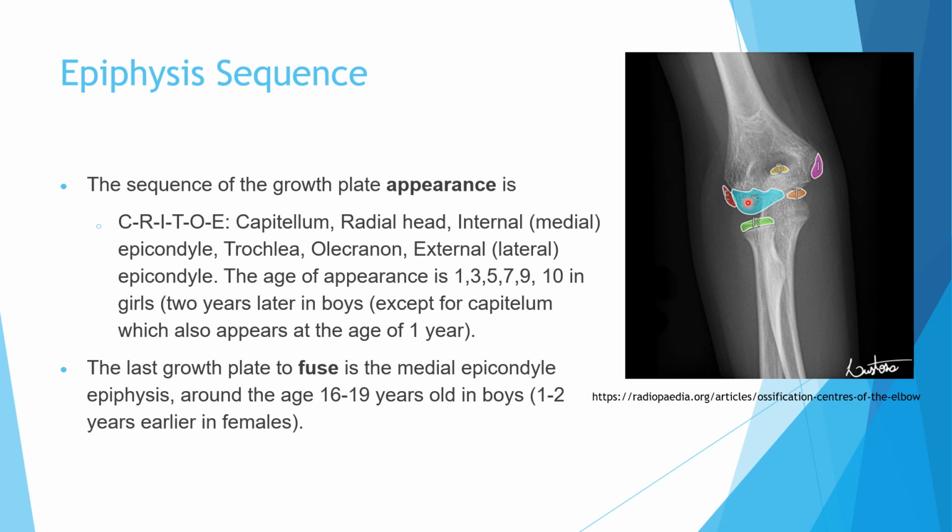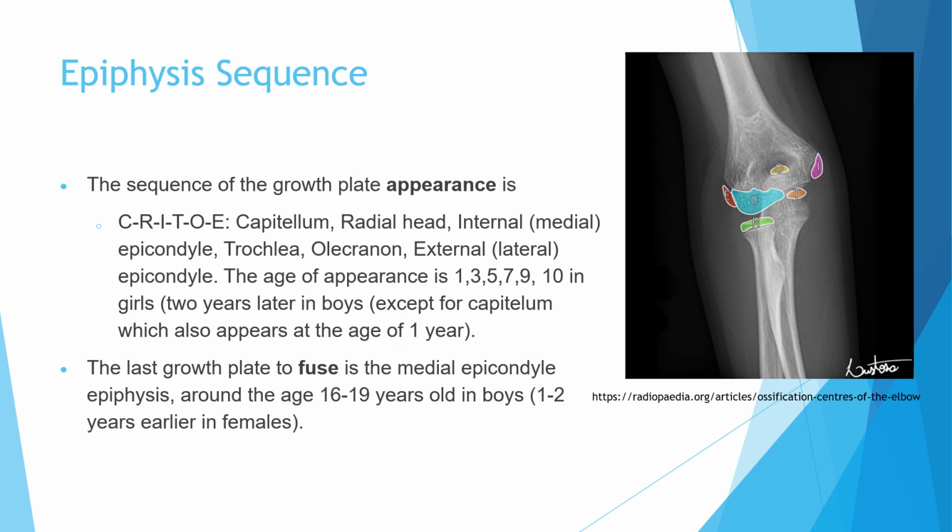So the capitellum will appear at the age of 1, the radial head at the age of 3, the internal or medial epicondyle at the age of 5, the trochlea at the age of 7, the olecranon at the age of 9, and then at the age of 10 the lateral or external epicondyle. And these ages are in females. In males, it can go 1 or 2 years after that, except the capitellum will also appear at 1.